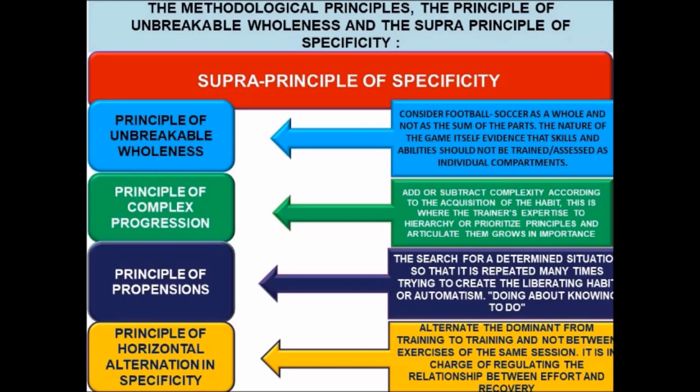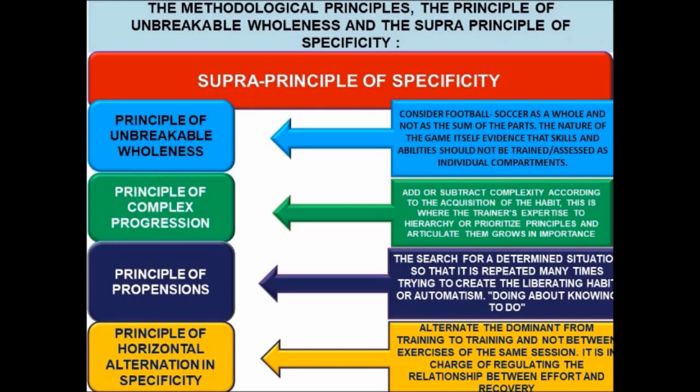An example I always give my players is that, for example, if you're going to play a 30-minute or 40-minute match, and you want to see the 1v1 of a forward or the defender, that situation in a real match, in a 30-minute match, maybe you're going to see it once or twice or three times.